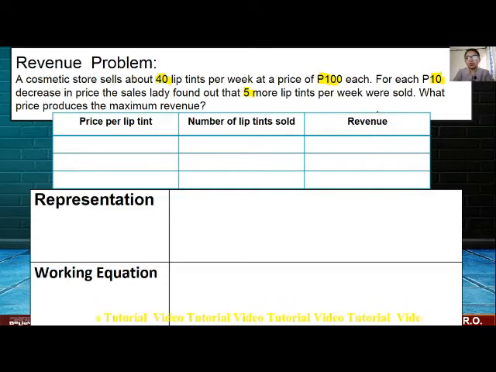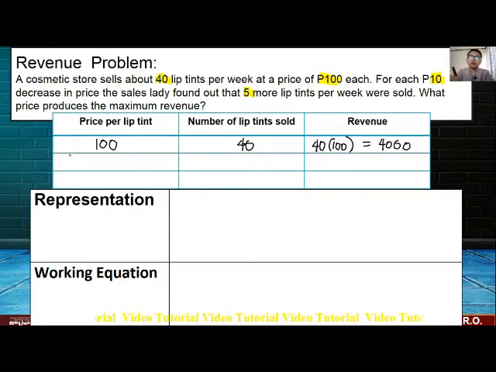The revenue is the number of lip tints multiplied by its price, so your total earnings. For the first row, the price is 100, and the number of lip tints sold is 40. So the total revenue will be 4,000 pesos.